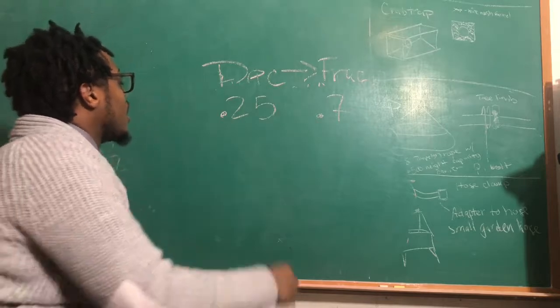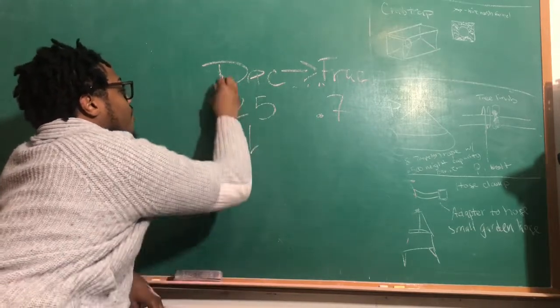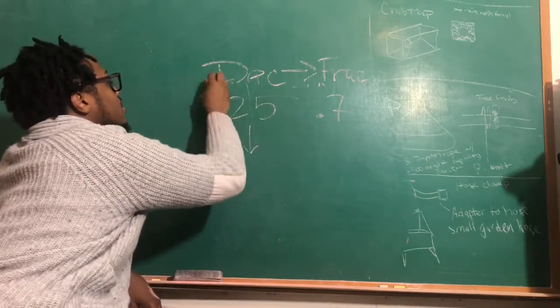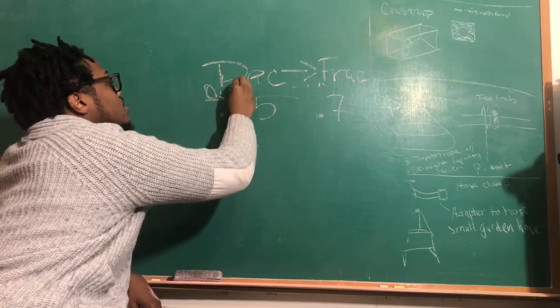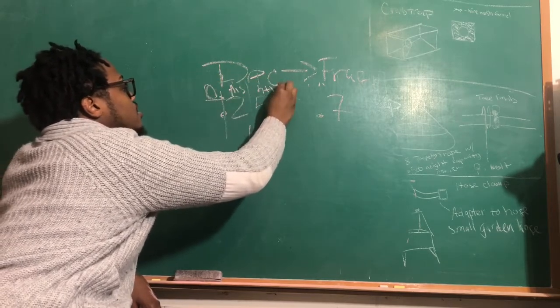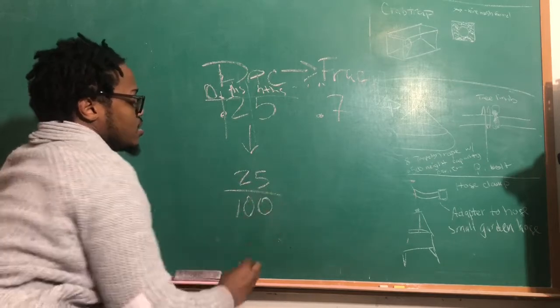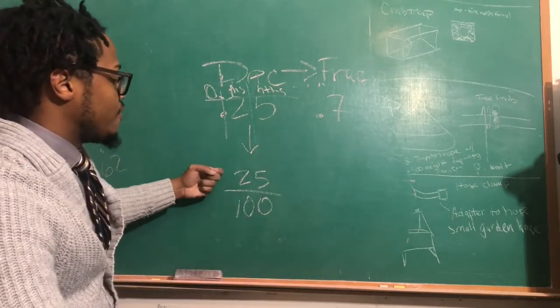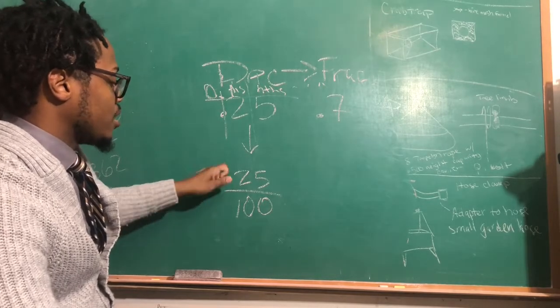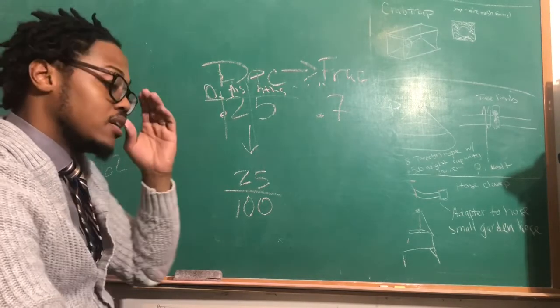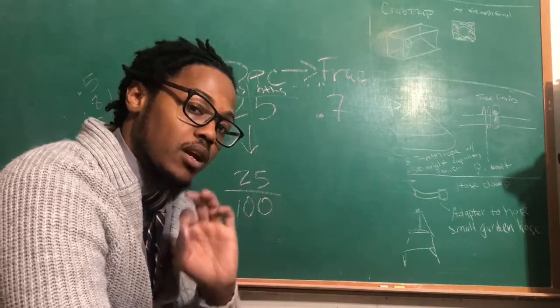25 hundredths. We wrote this as a fraction. We see this is the hundredths place. This is going to be 25 hundredths. Now, pretty simple one. Is there a number I can divide by to go into 25 and 100? This is simple, but it could also not be, right?